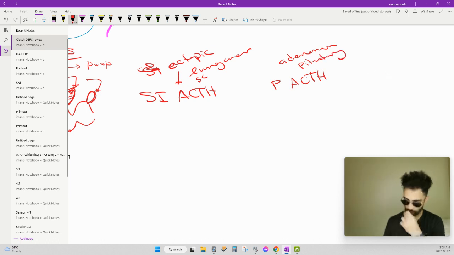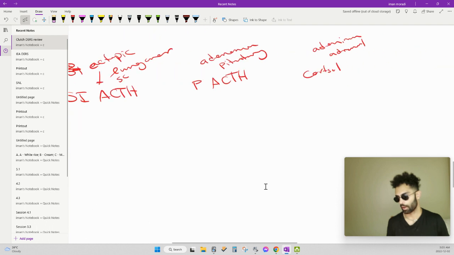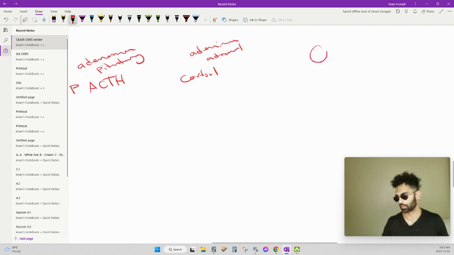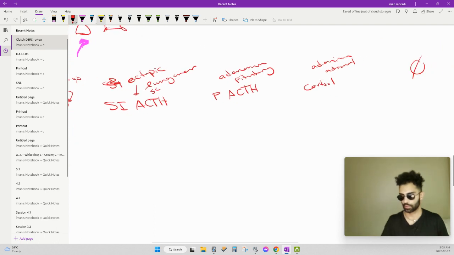In this case, you just have cortisol. In this case, it's an adenoma of the adrenal. All right. Let's add a fourth case where nothing's going on. That's sort of the negative, right?